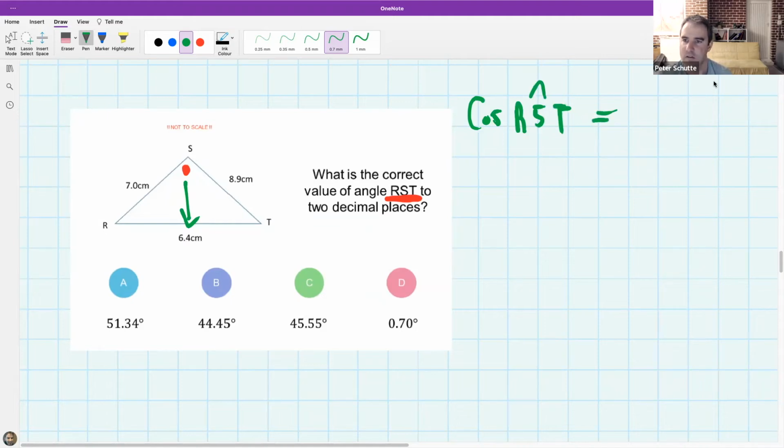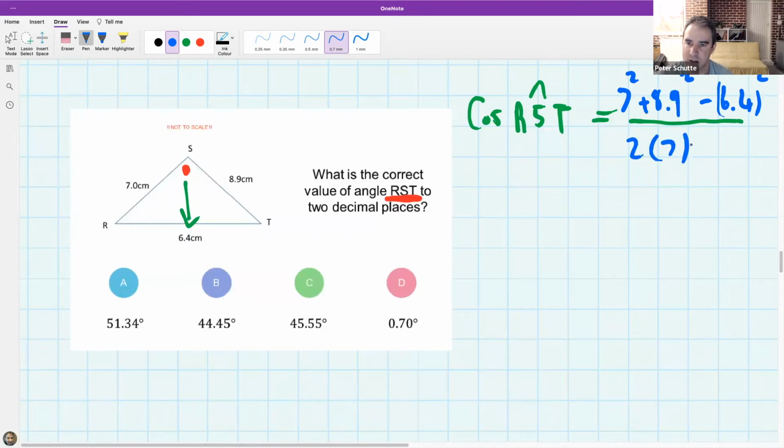And in order to do that, I know I've got my minus 6.4 squared. I've got my 7.0 squared up here, plus 8.9 squared here. And on the bottom, I've got 2 times 7 times 8.9.